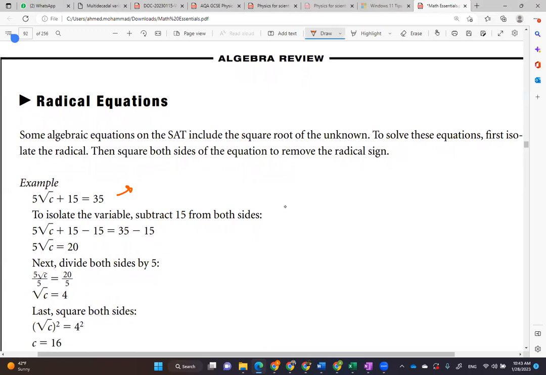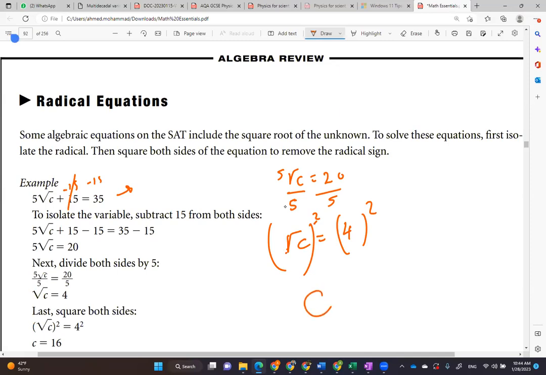So we subtract 15 from both sides. It's going to be 5 square root of x equals 20, then divide by 5 on both sides. So square root of x equals 4, and then square both sides. When we square the square root of x, we get x, and 4 times 4 is 16. So the answer is 16.